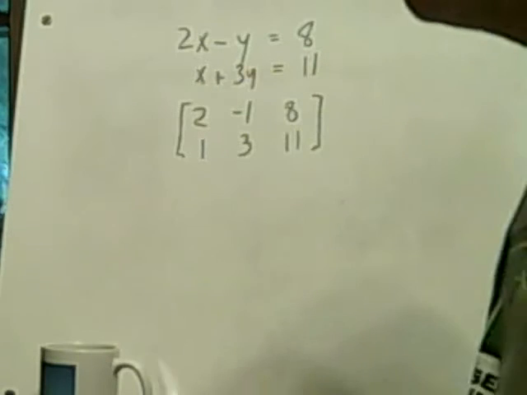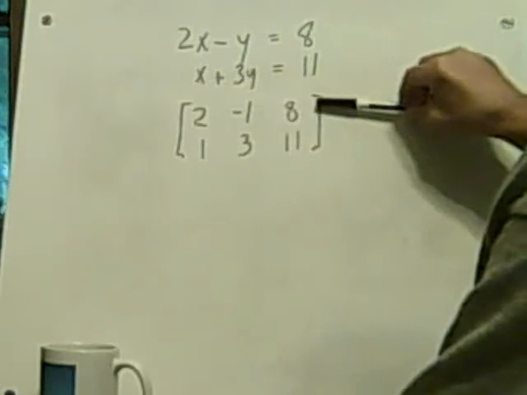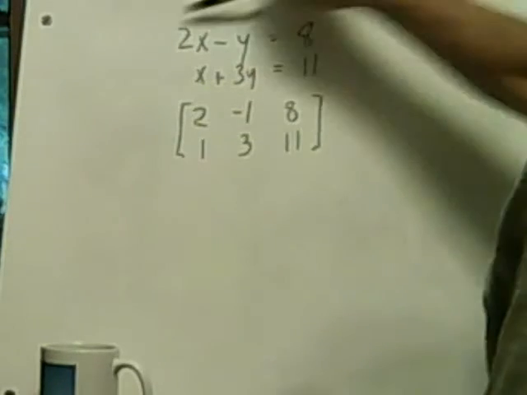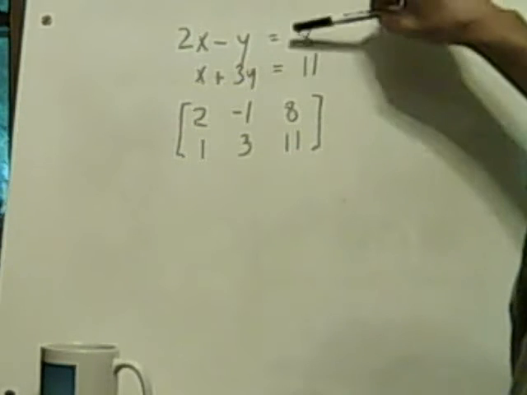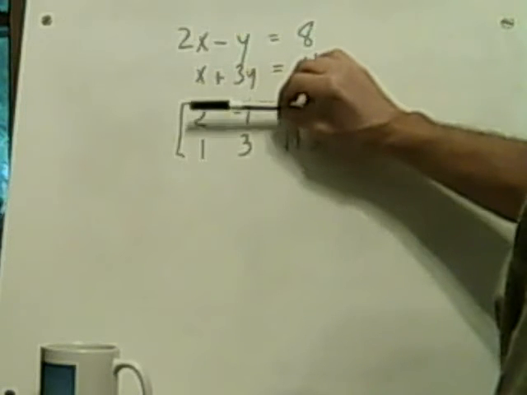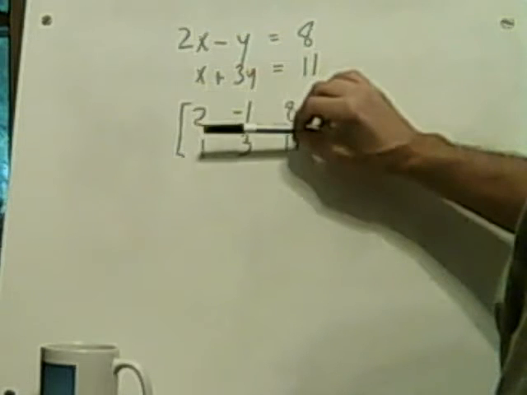The valid operations on the matrix are: we can multiply one row of the matrix by any number we want. That's exactly the same as saying that we're going to multiply both sides of an equation by the same number. Or we can add two equations or subtract two equations.